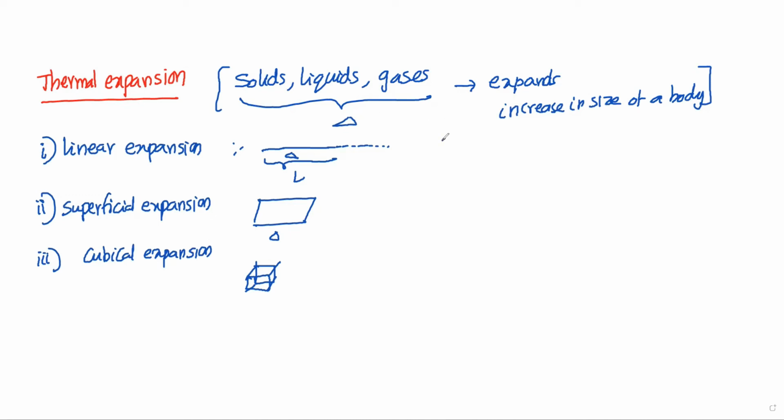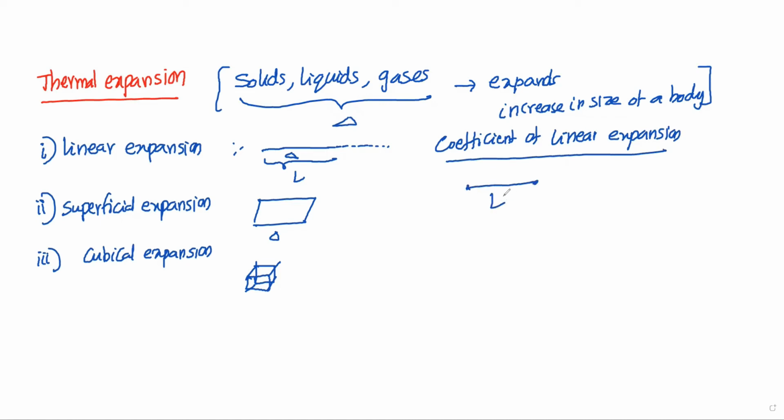Now, coefficient of linear expansion. How to derive this? Suppose a solid rod of length L, you give temperature rise delta T, then the final length of the rod is L dash. Experimentally, increase in length is directly proportional to the rise in temperature.